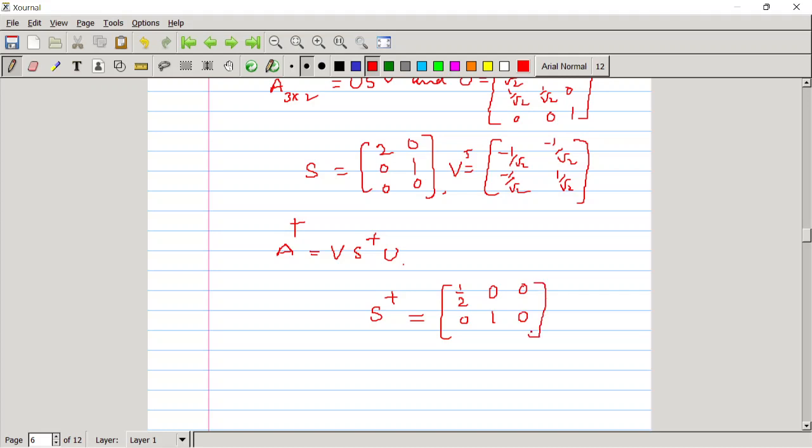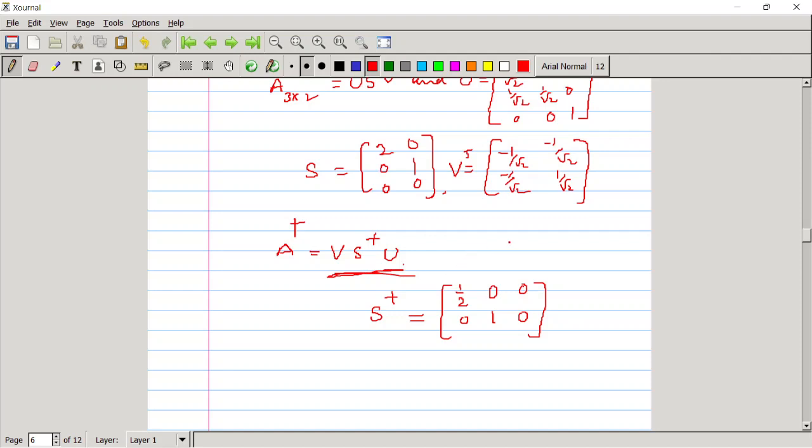S plus is not the same as S transpose. In S plus, we have to take the reciprocal of each non-zero element and then do the transpose. If you calculate this product, you will get the pseudo inverse.